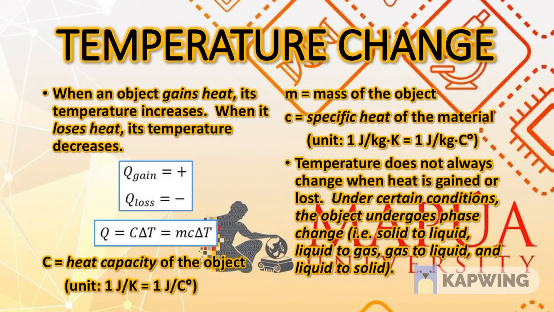For temperature change, Q is equal to capital C delta T, which is equal to mc delta T, where m is the mass of the object, capital C is a property of the object, the heat capacity of the object, with unit joules per Kelvin or joules per Celsius degree, and small c is a property of the material comprising the object, the specific heat of the material.